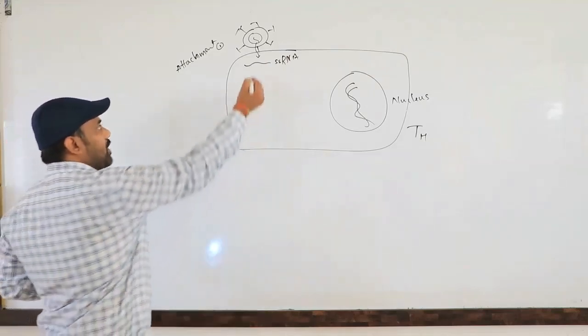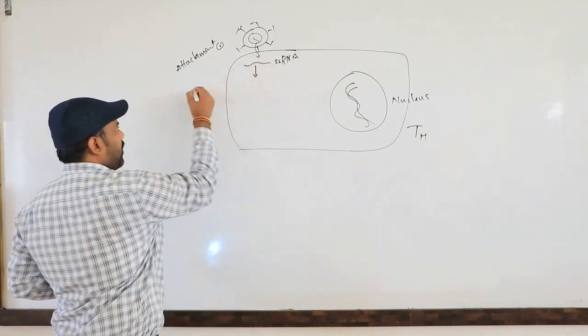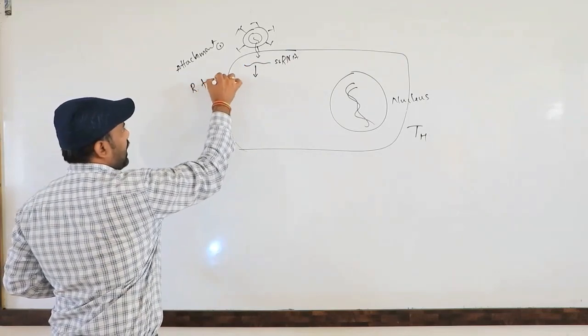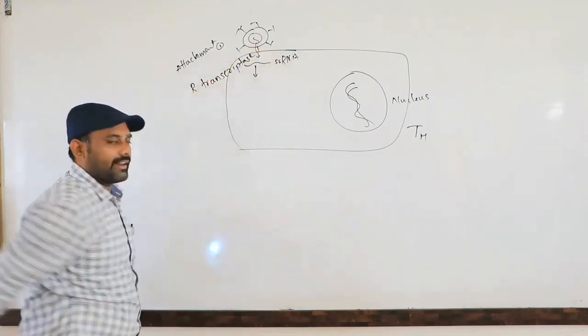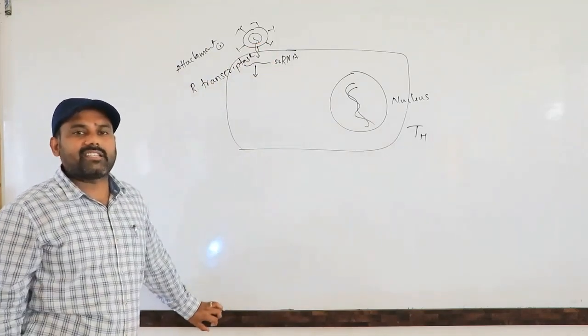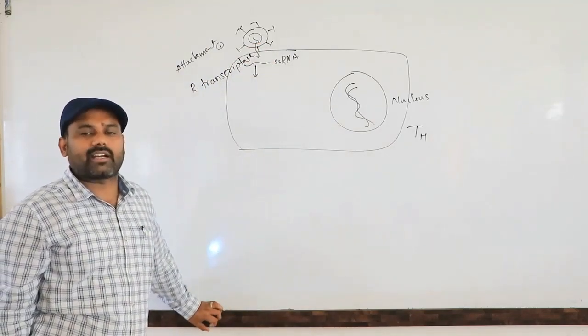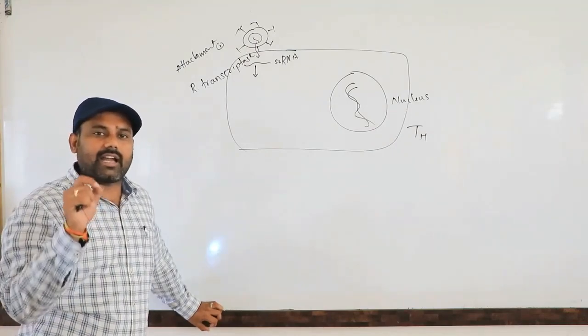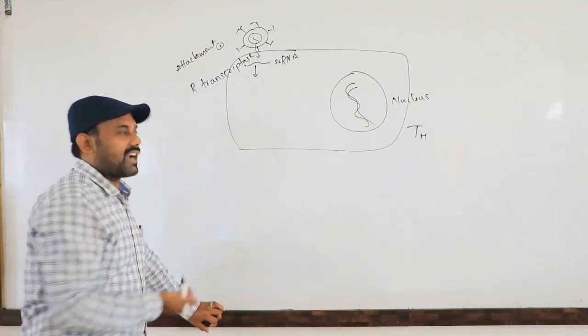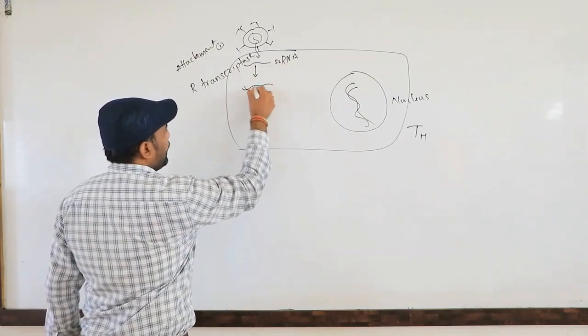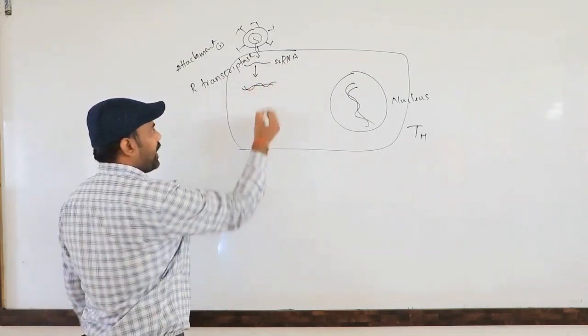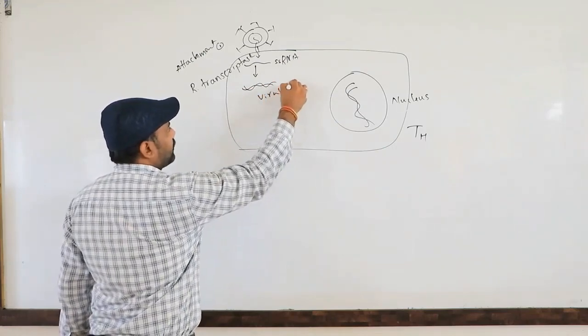Clear? Now, with the help of the enzyme called reverse transcriptase, which plays a very important role in the conversion of single stranded RNA to double stranded DNA, the single stranded RNA is converted into double stranded DNA, called viral DNA.